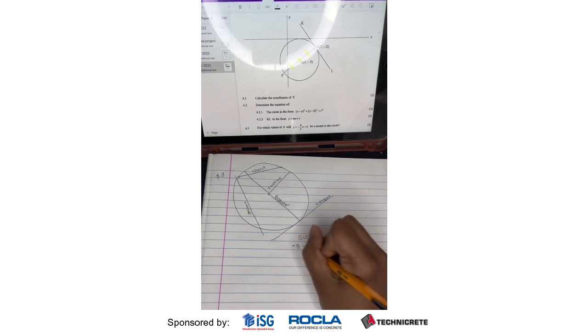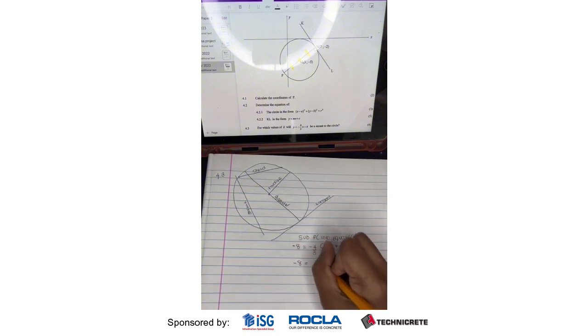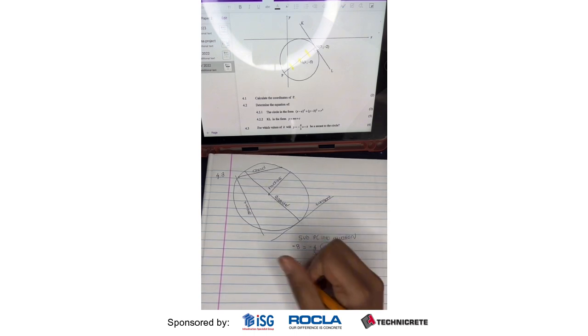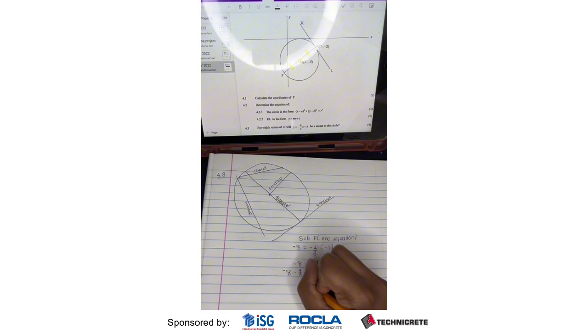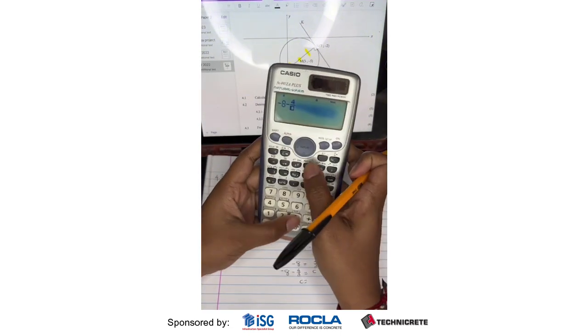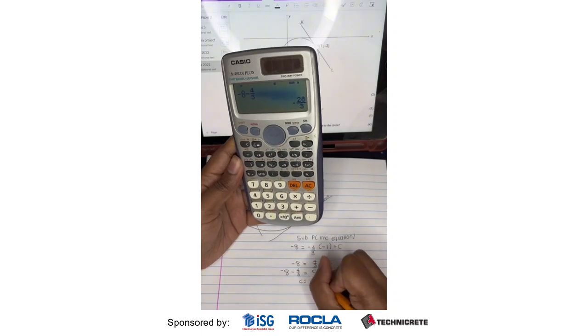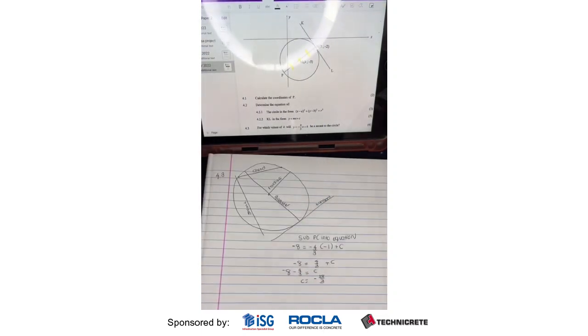So negative 8 is equal to negative 4 over 3 times negative 1, plus c. So negative 8 is equal to 4 over 3 plus c. Negative 8 minus 4 over 3 is equal to c. So c is going to be equal to negative 28 over 3. But that is not the final answer.